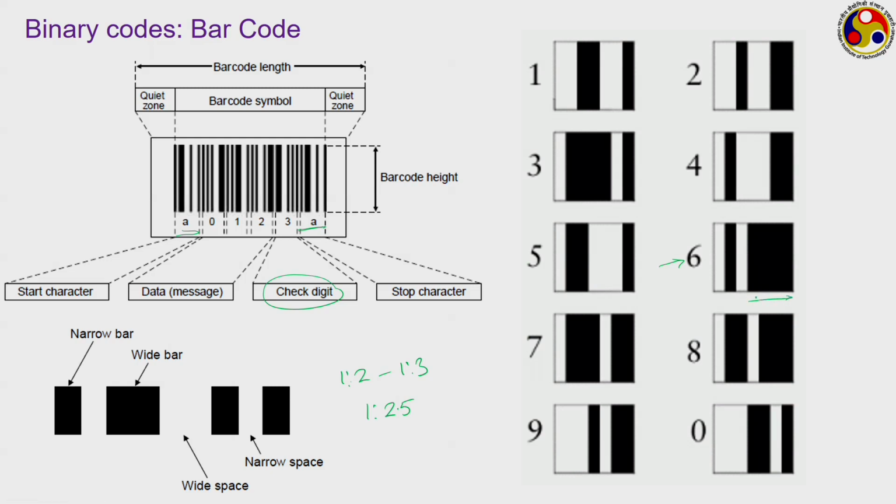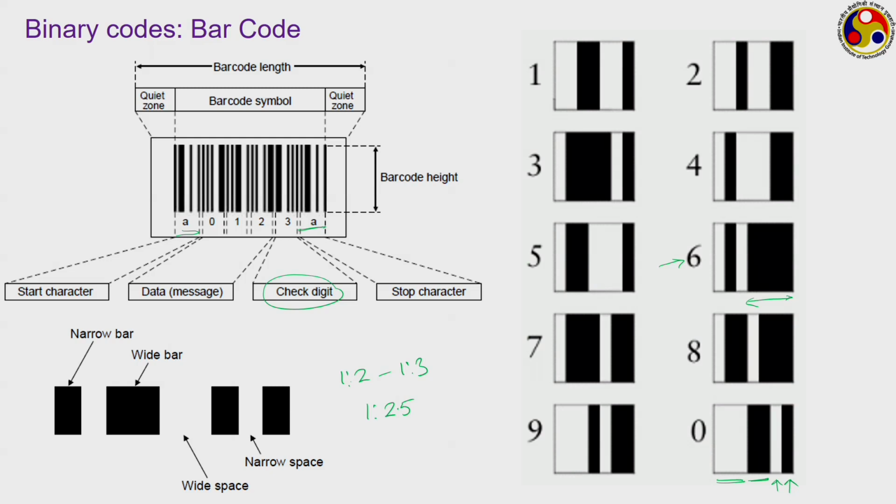Or look at 0, what can you find? There are 3 white lines in this zone, then 2 black lines, then 1 white, and then another black. So, this way the different characters can be represented in the barcode.